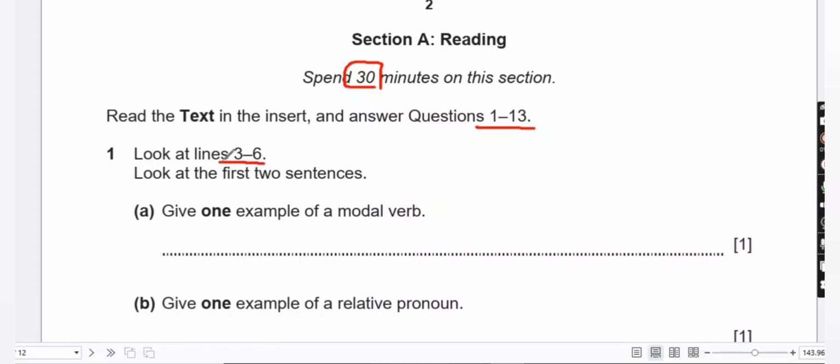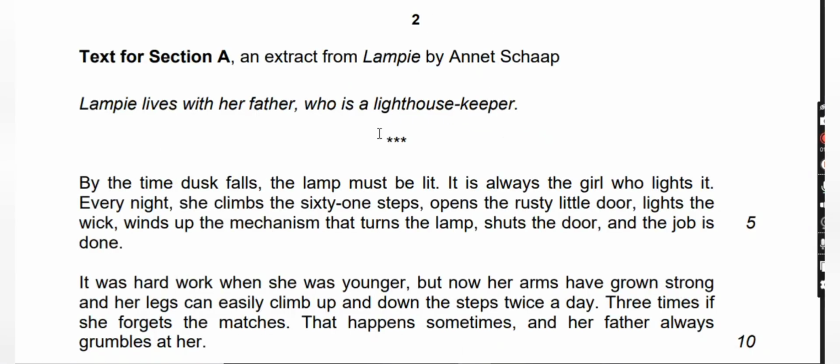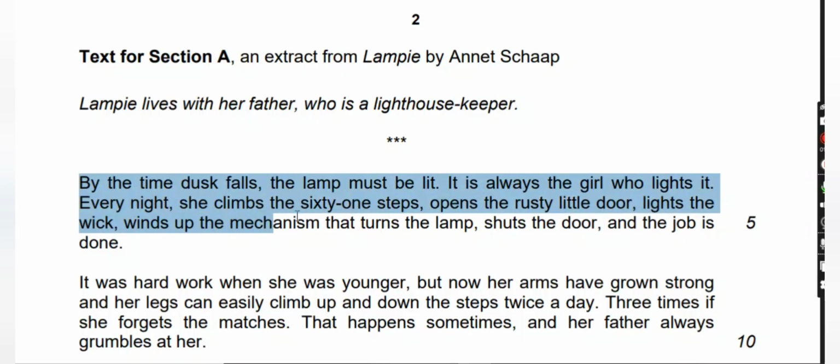Look at lines from 3 to 6, the first two sentences. Here we can see line 5, which means the previous one, 4, 3, 2, 1. So here are the lines, but the first two sentences.